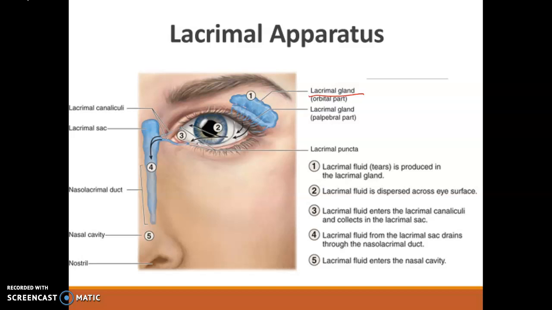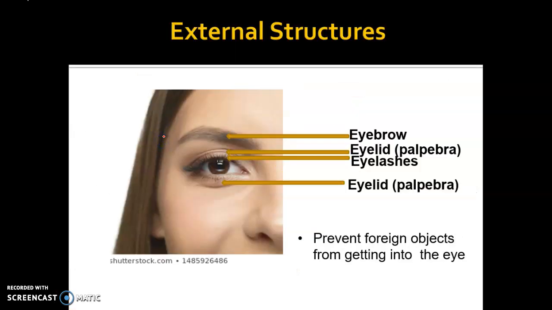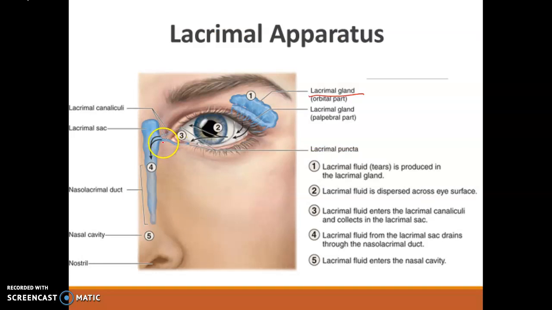The tear or the lacrimal fluid then enters the lacrimal canaliculi, which are these tiny ducts. Do you see these tiny ducts? These are called lacrimal canaliculi. They collect the tear or the lacrimal fluid and bring it to the lacrimal sac.